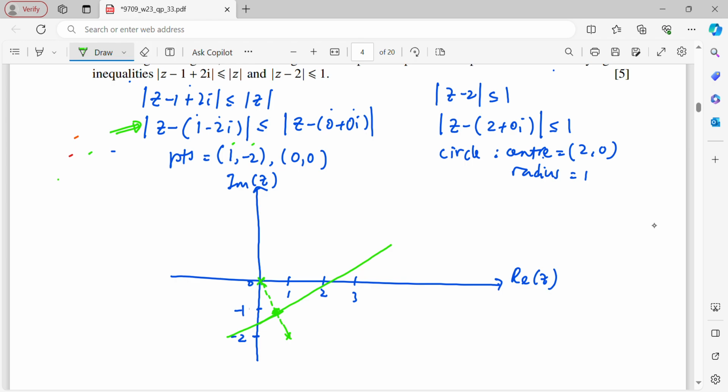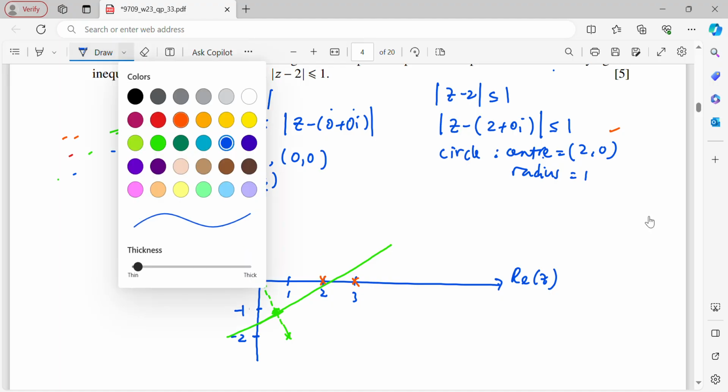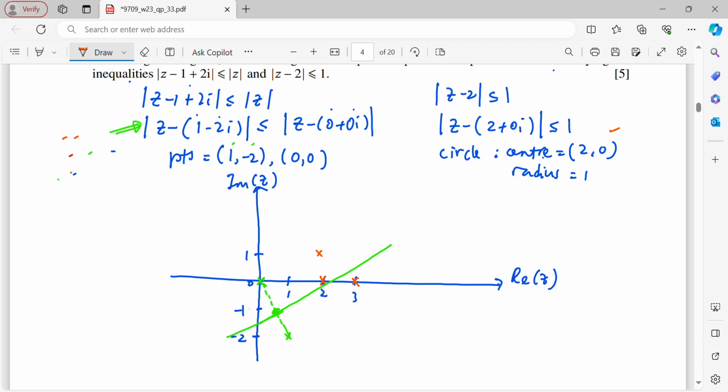So now I have to draw another one, which is a circle with center 2, 0. So this is 2, 0, and then the radius is 1. So it means that it will be touching 1 unit above from the center, then to the left side and bottom. So now draw the circle.